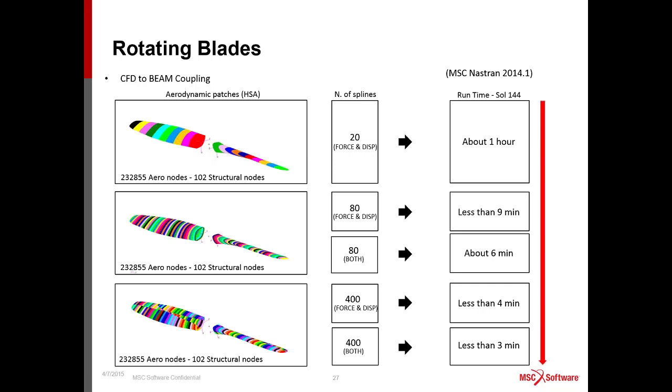Okay, and we can get just to 3 minutes if we perform 400, for example, patches. Okay, but just if we use 80 patches for both blades, we can get results in something like 6 minutes on my laptop. This is very encouraging, okay, if you want to use this technology. You have to use the toolkit in order to decrease the runtime, okay?